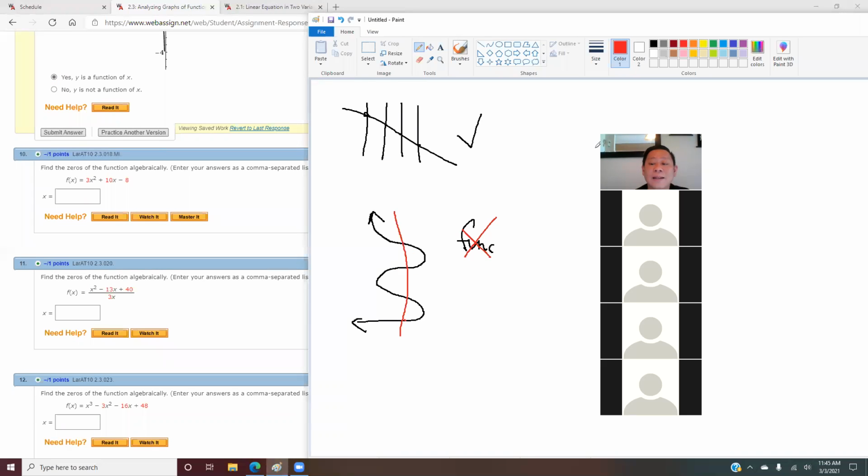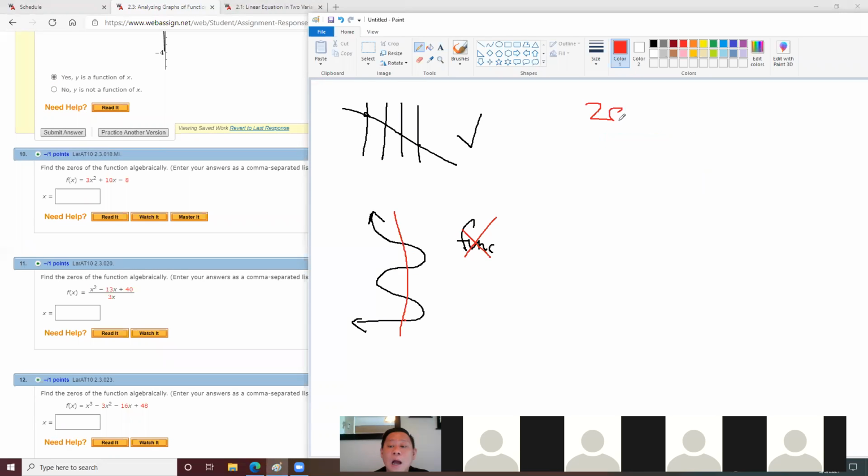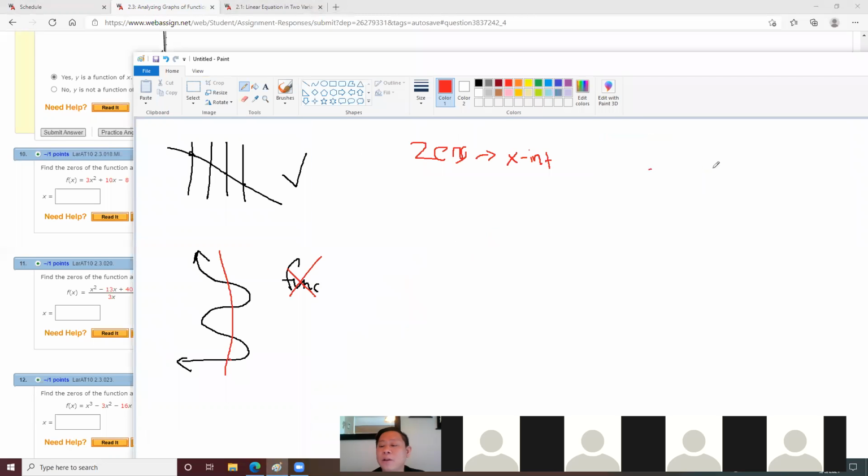Next, they ask you to find the zeros. What is finding zeros? This is very important. You will learn this in this chapter and chapter 3. Finding zeros means you have to find the x-intercept. And if you remember, for all your x-intercepts, what happens to your y value?